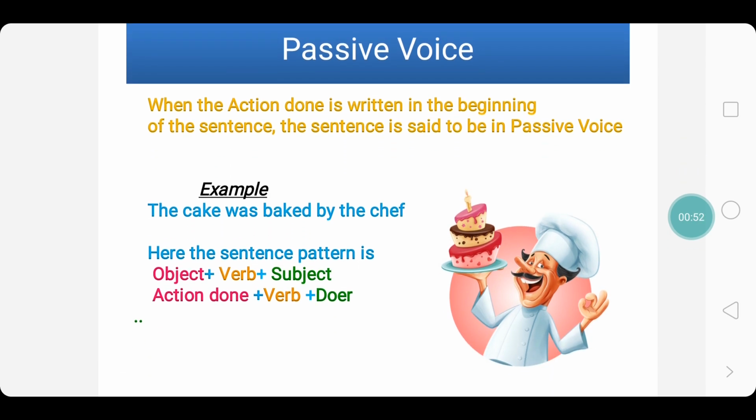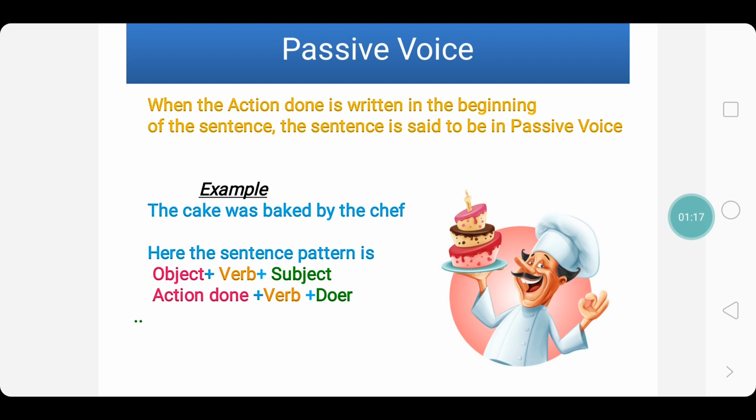Next, we move on to passive voice. When the action done is written in the beginning of the sentence, it is said to be in passive voice. Yes, when the action is given more importance than the doer, we use the passive voice. For example, the cake was baked by the chef.